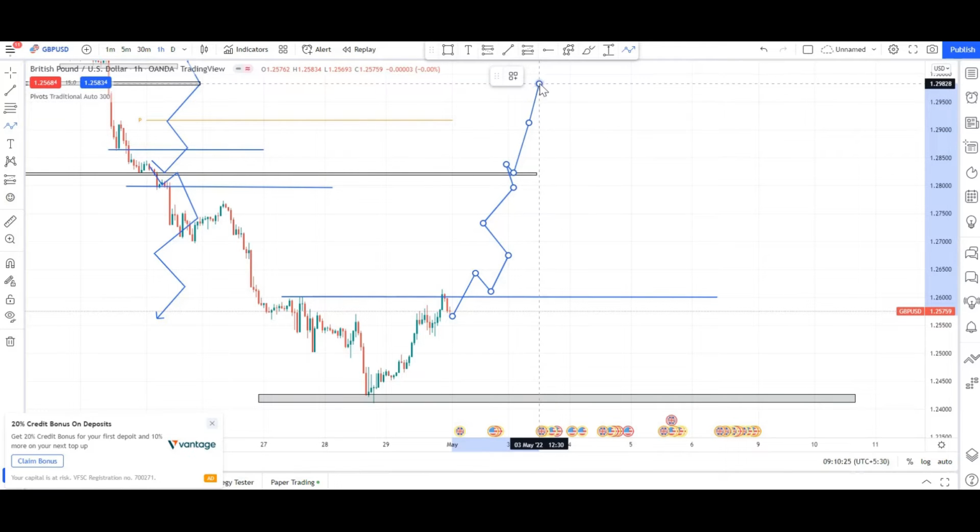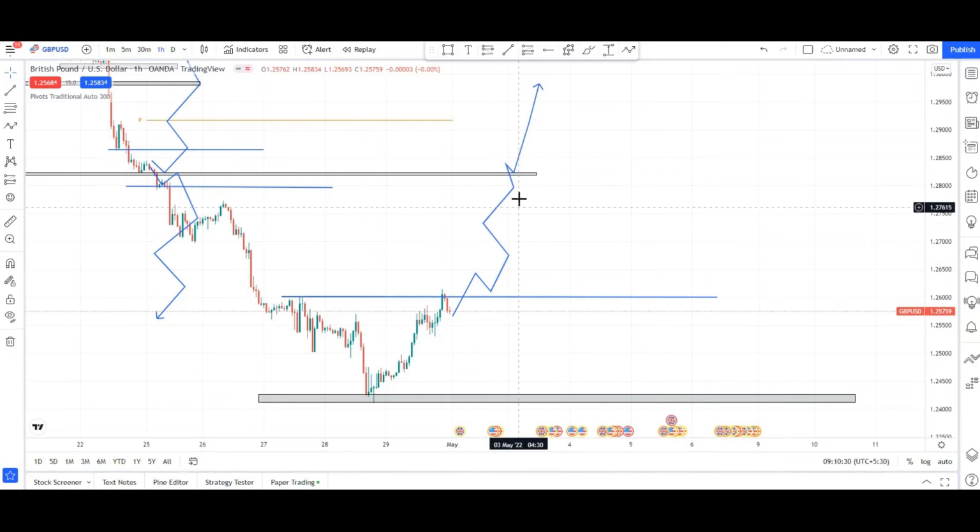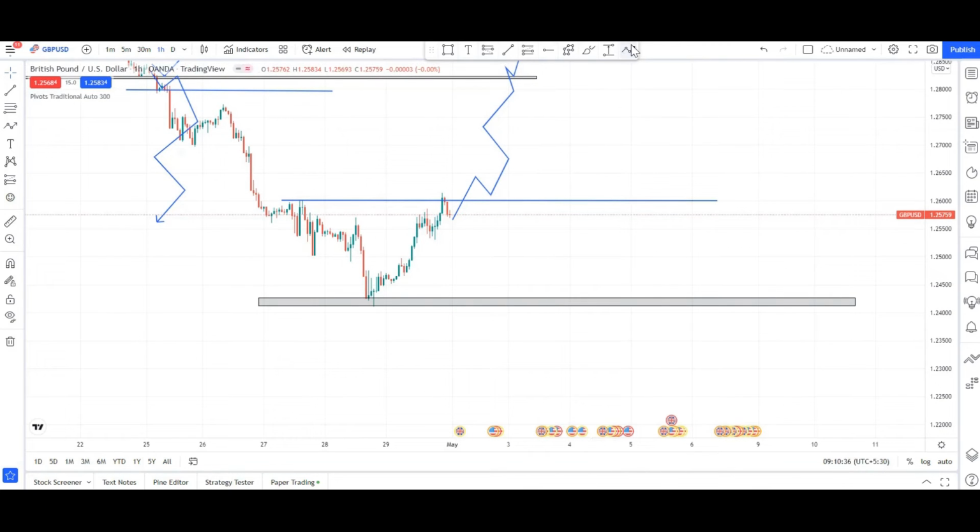But important is that up till here only, this will be the fourth target, fifth target. We can also see the downside targets. You can see here it is continuously consolidating.